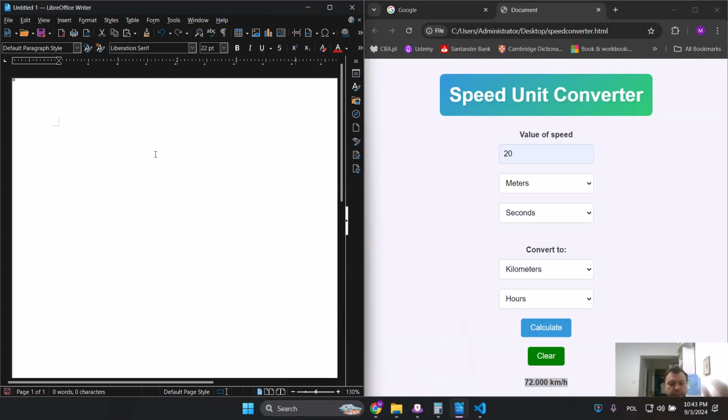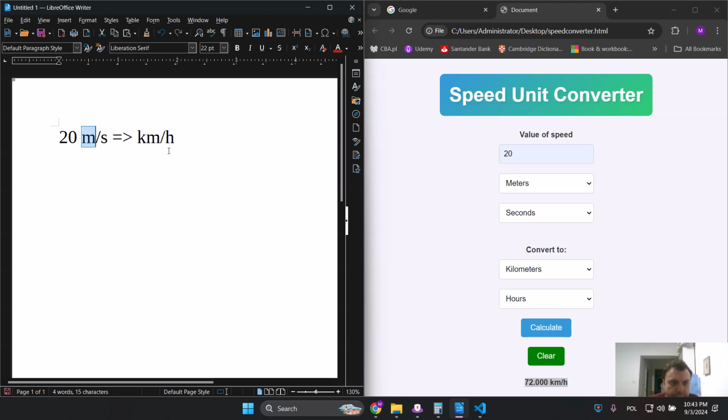Okay, so let's take 20 meters per second and convert it to kilometers an hour. This is more like a physics exercise or an exercise in math class. First of all, we need to see what we have here.